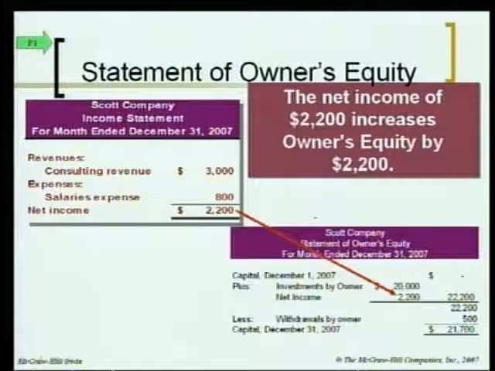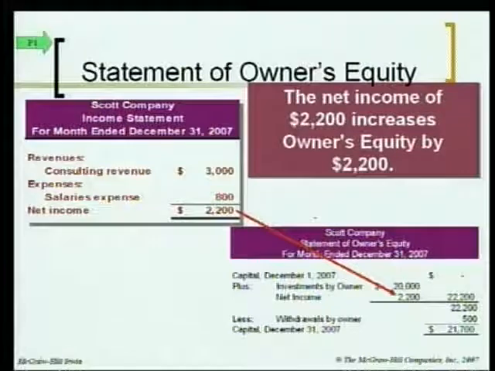A statement of owner's equity just shows the owner's equity for a period of time. It shows their beginning equity and then what their ending equity is. This statement is also prepared in good form. It says the name of the company, the name of the statement, and it says for the month ended December 31 of 07, correct? Okay.